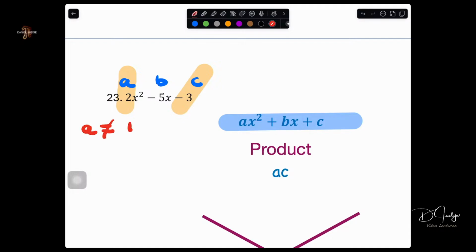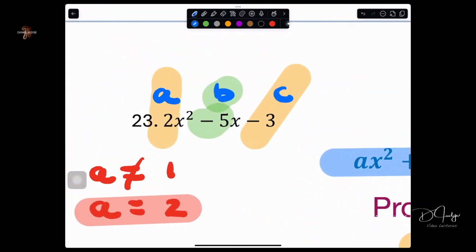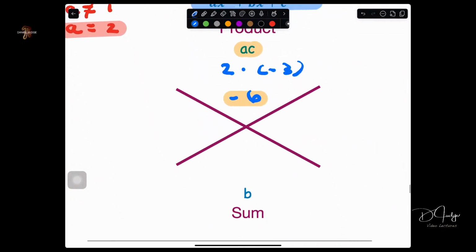A is not 1 anymore. This is going to be slightly different, but let's just remember this idea. We still take 2 times negative 3, which gives us negative 6. So that product of A times C gives us negative 6. For the sum, we look at the B term again, negative 5, so we'll put that negative 5 here.